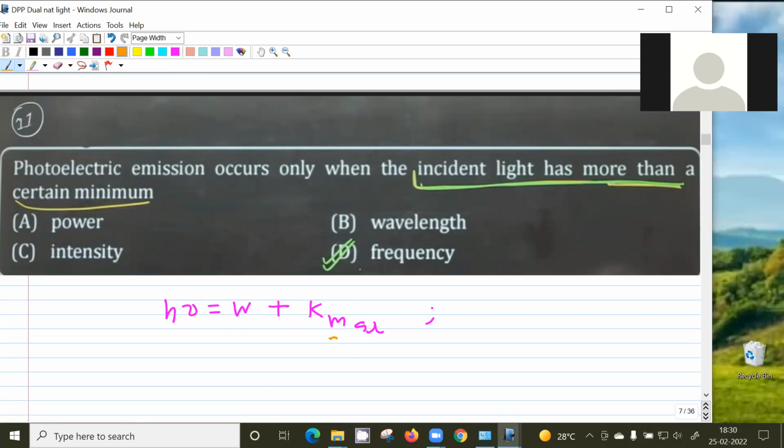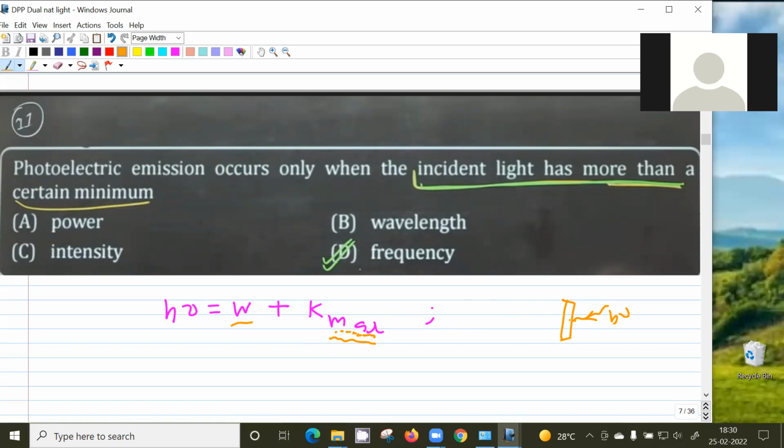And why is this kinetic energy called maximum? The input is a photon of energy h nu. To knock off the electron, we need a certain amount of energy W. The remaining energy goes into providing the kinetic energy. Why maximum? Because all of the remaining energy need not go into kinetic energy.